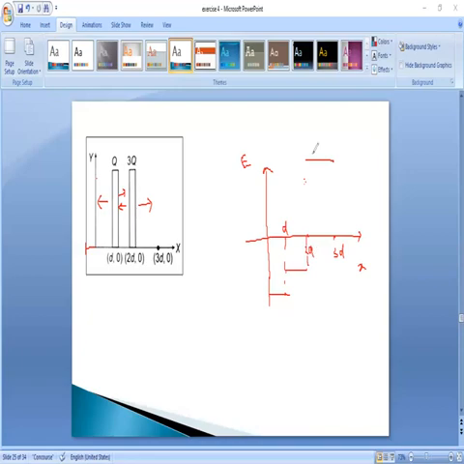So we can draw the graph like this. See here, the resultant direction, if it is towards the negative x-axis, that should be taken negative. If it is towards the positive x-axis, that should be taken positive. And the resultant also you have to observe here, how much it will be and in what direction. Based on that, you have to draw the graph here.